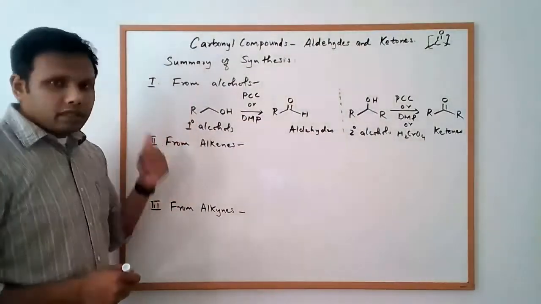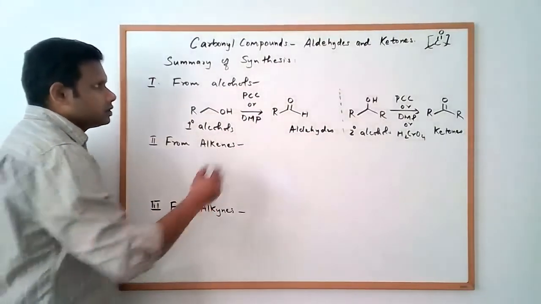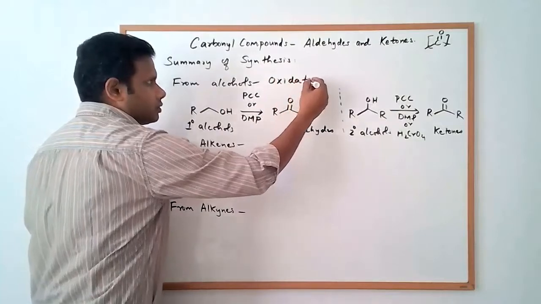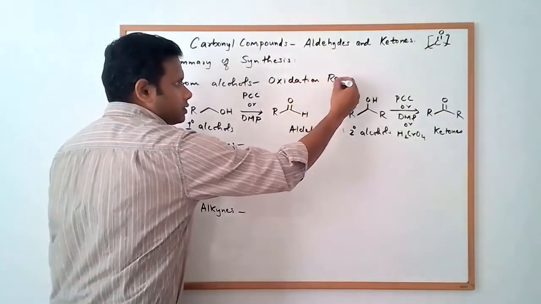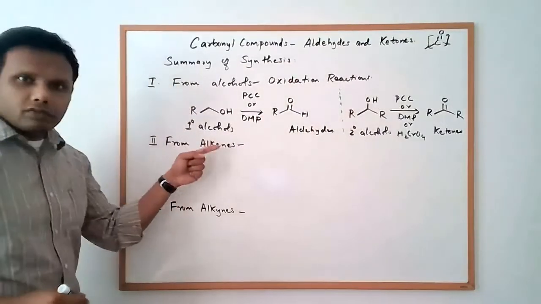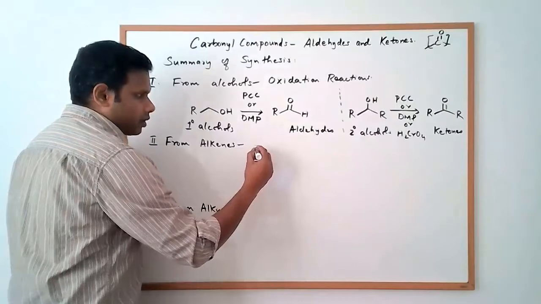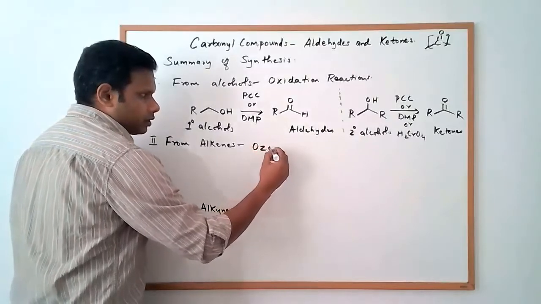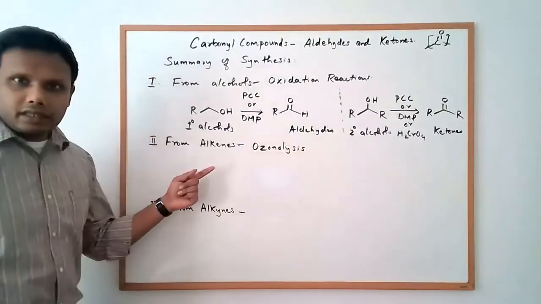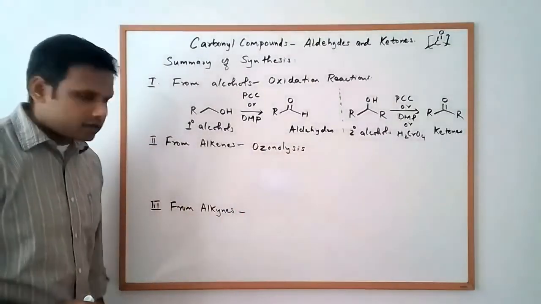Similarly, carbonyl compounds can be synthesized from alkenes. From alcohols, let me write this down. So these are oxidation reactions. From alkenes, we can synthesize carbonyl compounds using ozonolysis. Ozonolysis of alkenes gives carbonyl compounds as products.